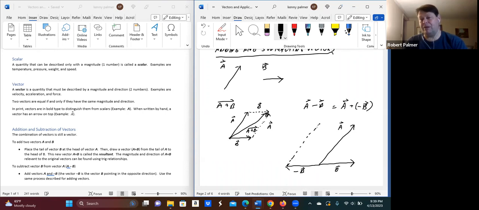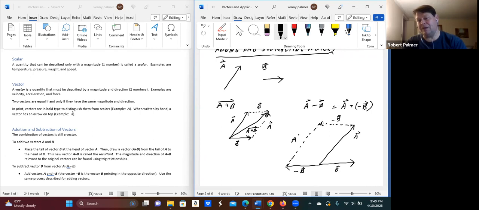And basically, I'm making a parallelogram. Of course, this would be vector minus B up here. Let me move my A out of the way. So this is A. Okay, and you can do this either way. This is negative B, of course.